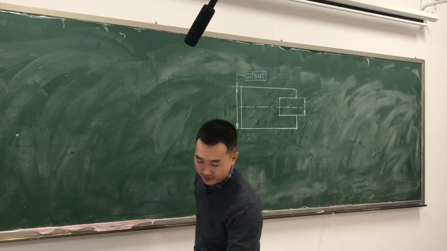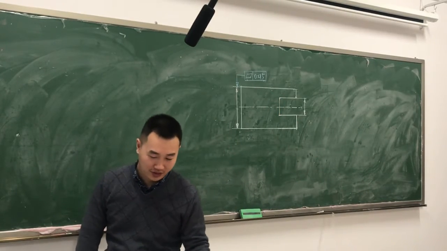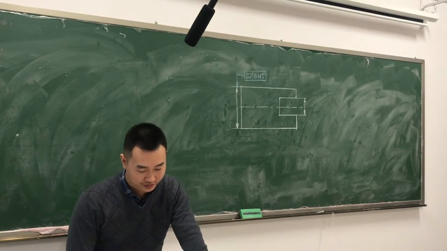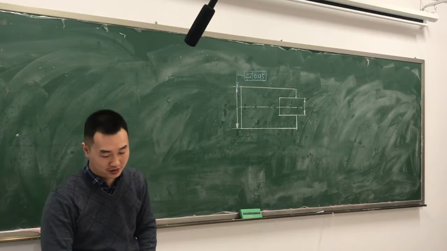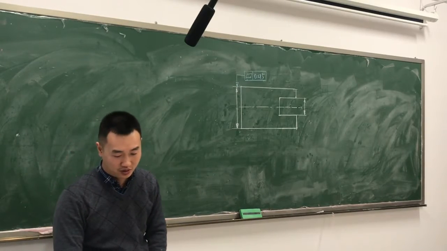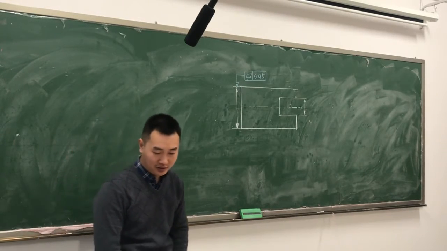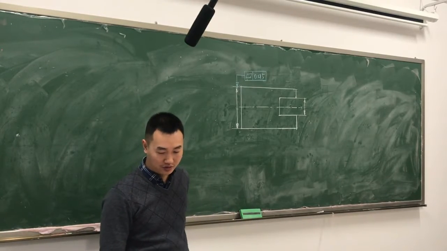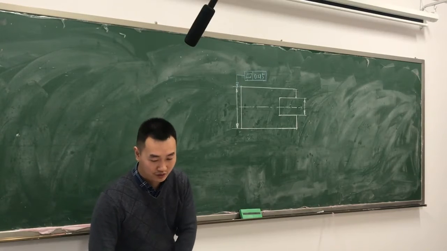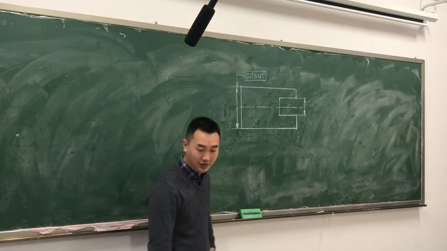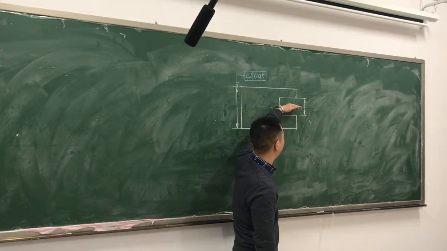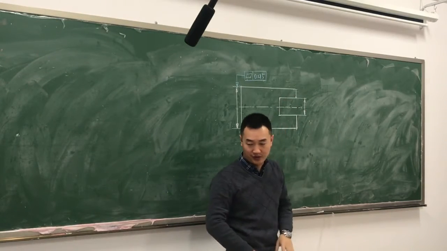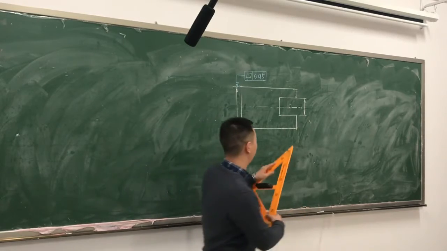And the next, let's see, the maximum deviation of the median plane of the groove to the median plane of the workpiece should be less than 0.01. So first we got to know what the tolerance feature is. The tolerance feature here is the median plane of the groove right here. So the tolerance feature should be here.